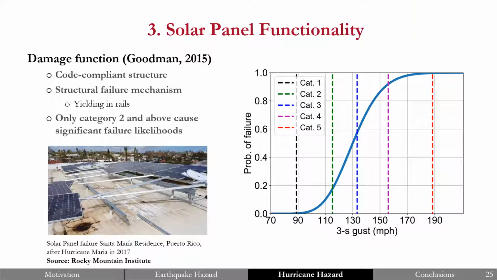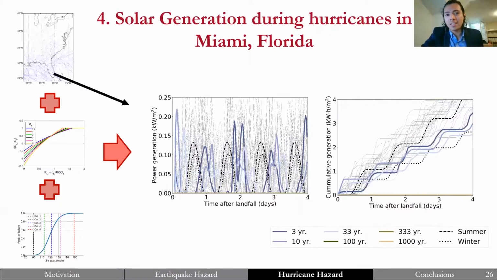Richard has asked a question in the chat: is the energy storage system taken into consideration to increase the resilience? Energy storage. So here for this analysis, we are assuming that they have enough energy storage. Energy storage is an issue.